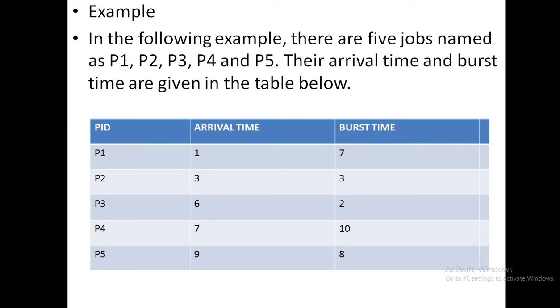Among the 3 jobs, which job is loaded into the ready queue as the next job? We determine that by seeing their CPU burst time. The CPU burst time of P2 is 3, P3 is 2, P4 is 10.